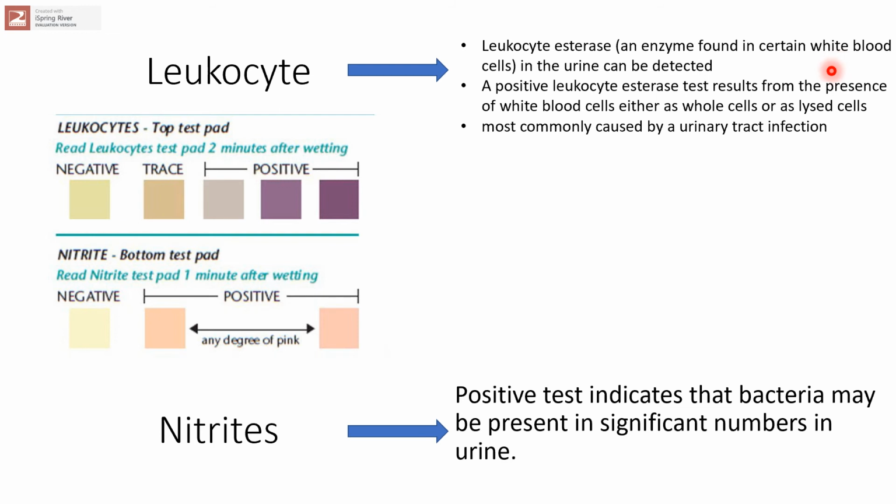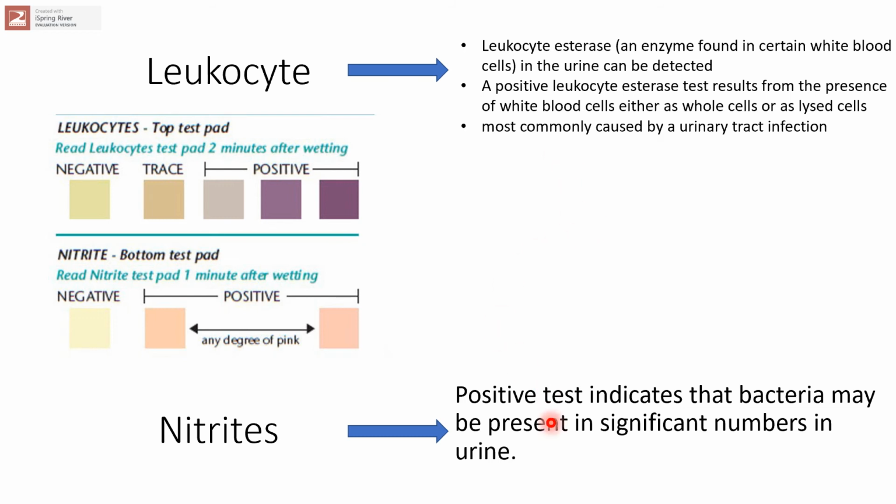If you do see WBCs in the urine, it is a sign of infection. Now, a positive leukocyte esterase test results from the presence of white blood cells. When they lyse, they release the enzymes, and this happens in times of, say, urinary tract infection or any internal damage to the urinary tract, right?